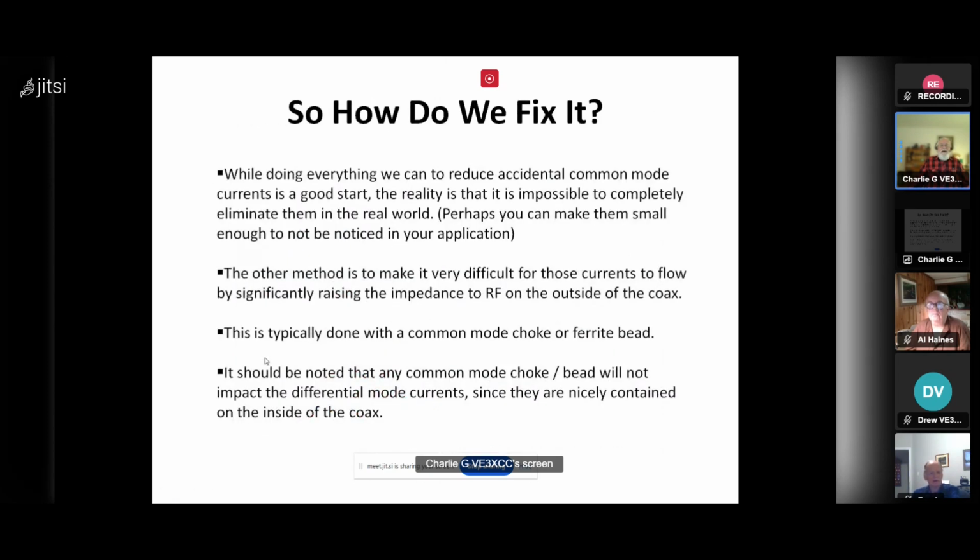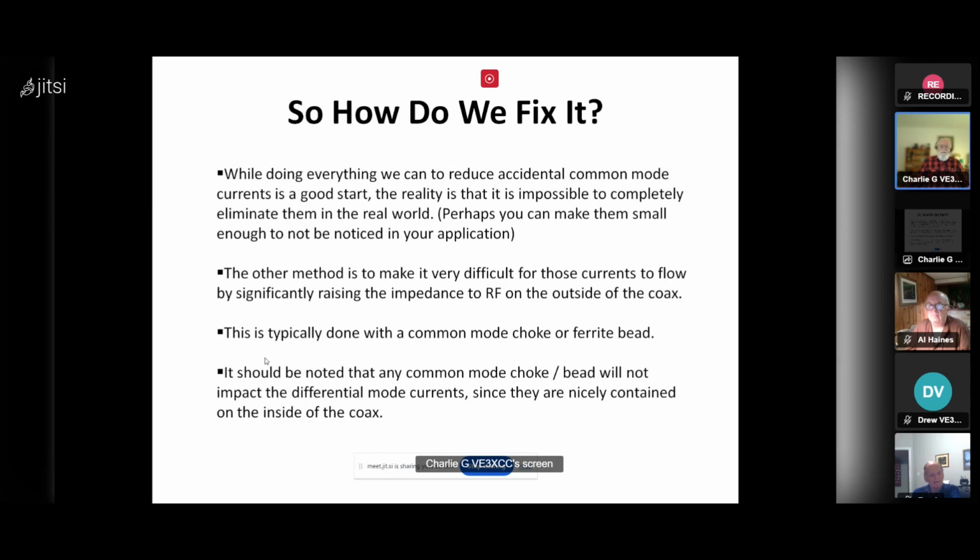So having said all of that, how are we going to fix this? I guess the first thing is the old joke: doctor, it hurts when I do this. And the doctor replies, well, don't do that. So we should do everything that we can to reduce accidental common mode currents. We can do that by things like matching impedances, using unbalanced to balanced converters, those sorts of things.